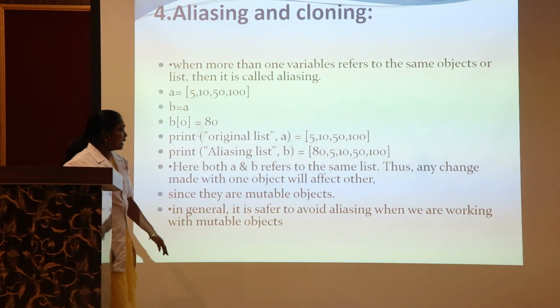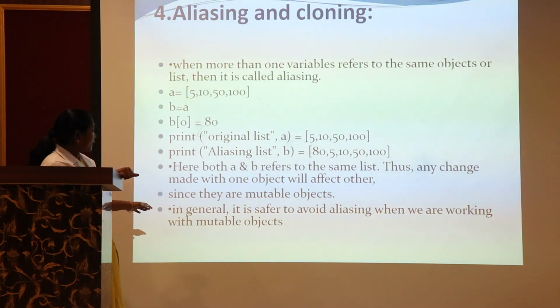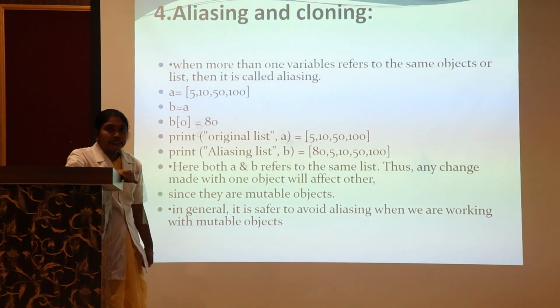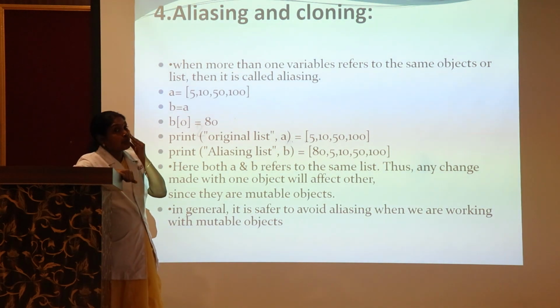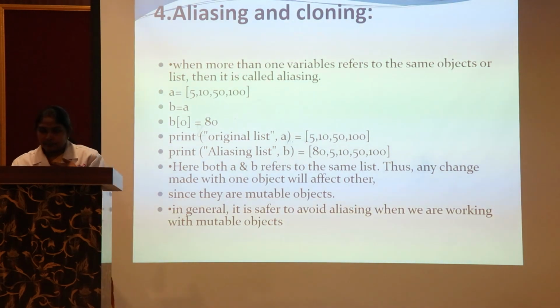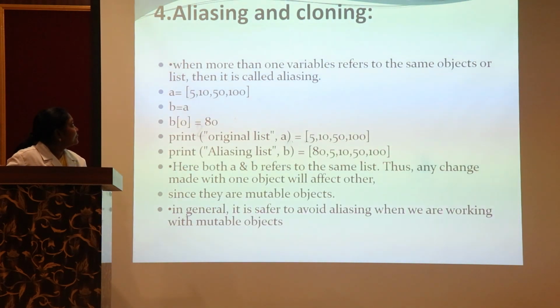In general, a list is subject to aliasing. To avoid this aliasing, we work differently. A list is mutable, a tuple is immutable. The values can be changed or not changed. That is the main difference concept for the list.